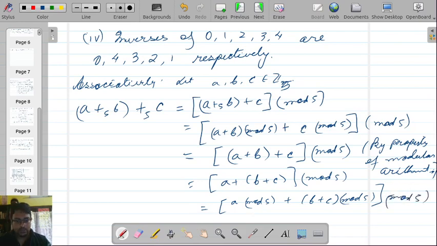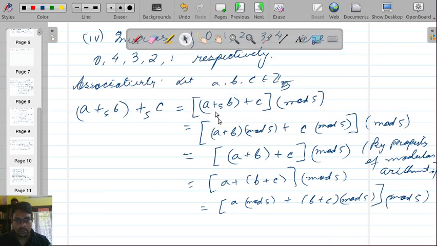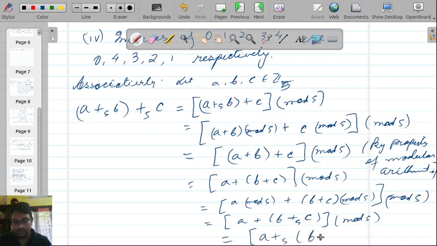So if you just simplify this part, this is equal to (A + B + C) modulo 5, whole thing mod 5. So what is that? This is nothing but A plus modulo 5, B plus modulo 5. So here we have verified the associative property.